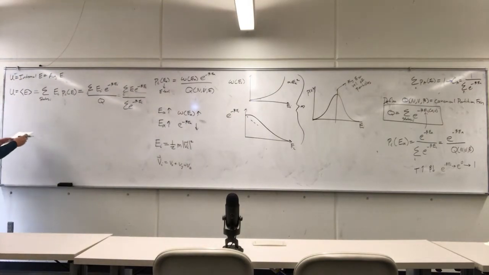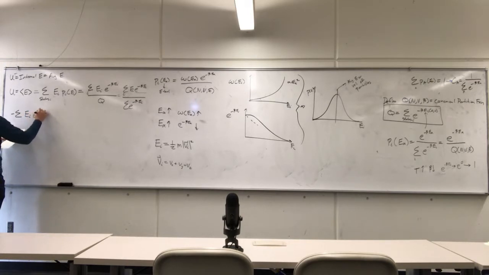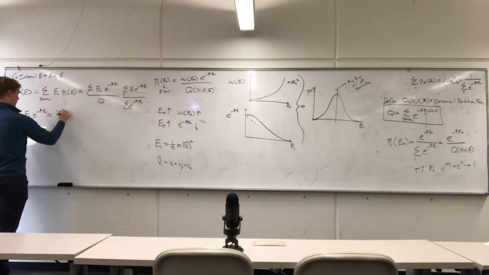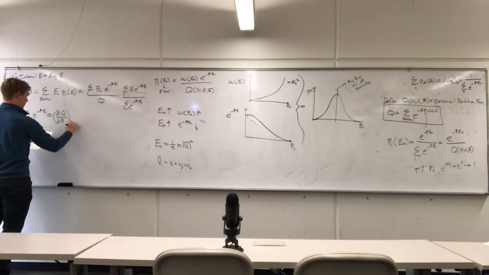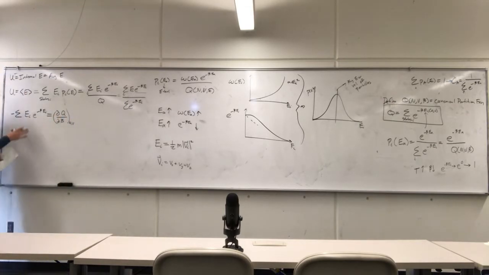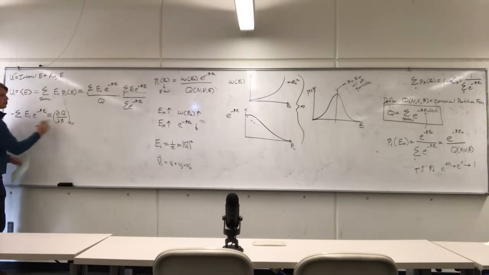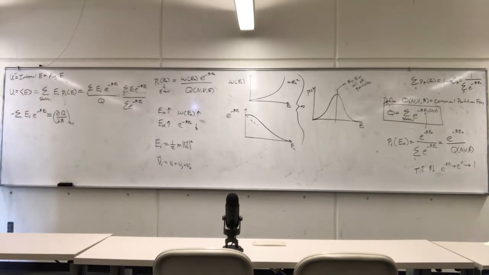So what we can infer then is that the numerator is related to the derivative of the partition function with respect to beta.